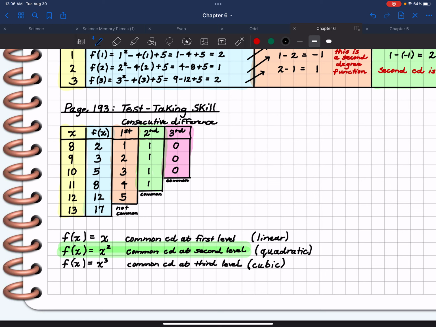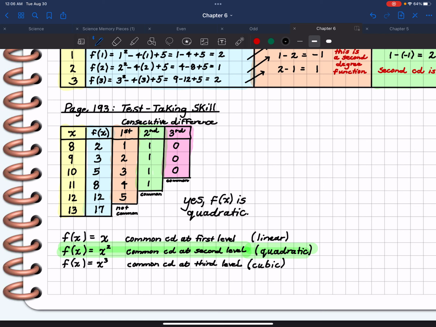So the second degree is a quadratic. The question is, is it a quadratic function? So yes, it is quadratic. We could say yes, f of x is quadratic because it's a second degree function.